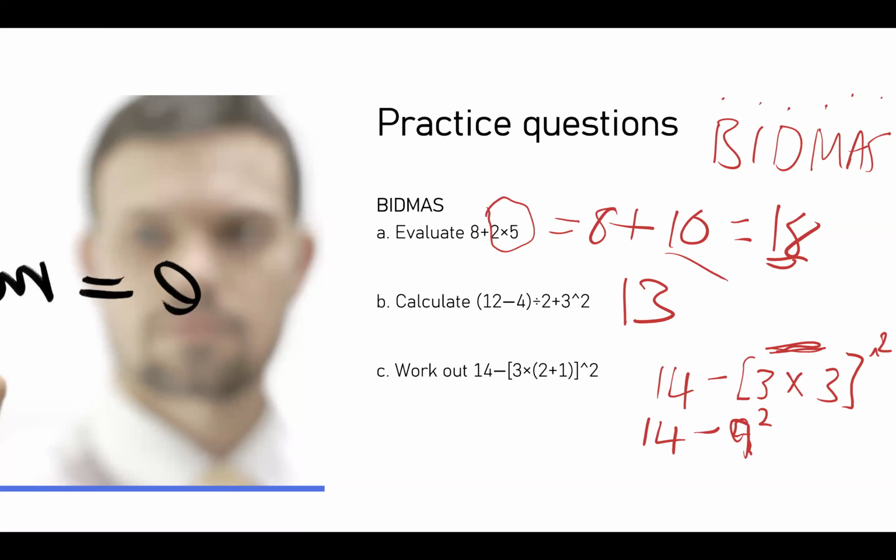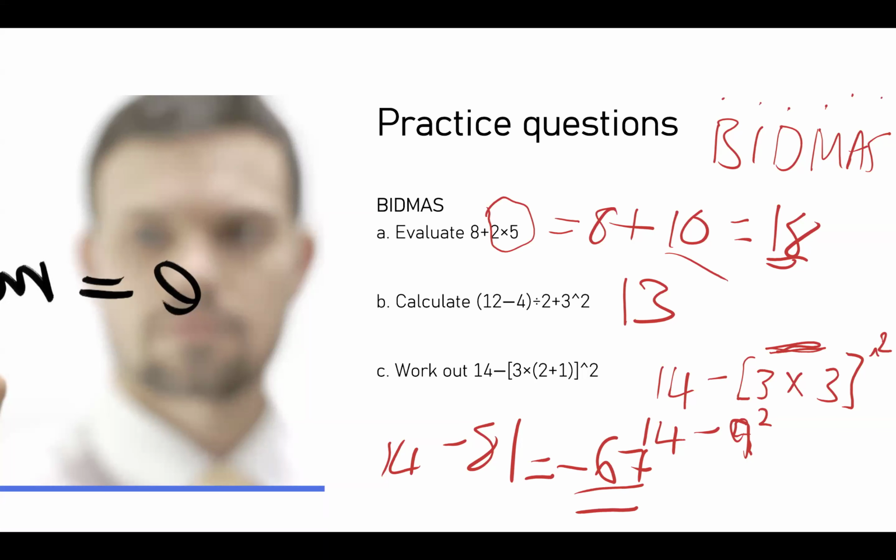So we do the indices first, so it would be 14 take away 81, and 14 take away 81 would be a negative number. So 14 take away 81 is minus 67. So the answer would be minus 67 for this.